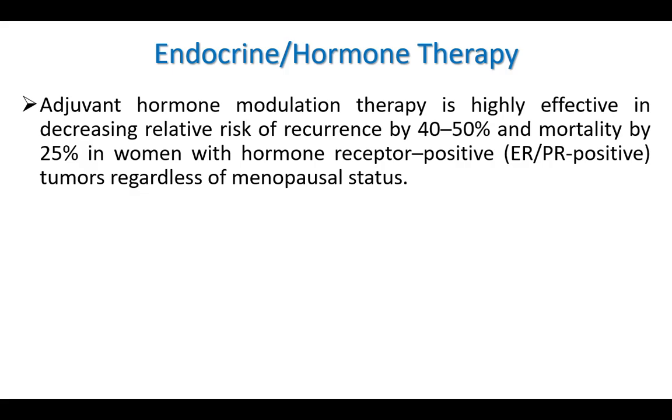So you want to inhibit the stimulation of those receptors. Either you can give something which can reduce the endogenous estrogens, or you can give a drug which can bind that receptor, or you can give a drug which can down-regulate that receptor. Because you just want to inhibit the stimulation of those tumor cells by these hormone receptors. That's the purpose. Okay.